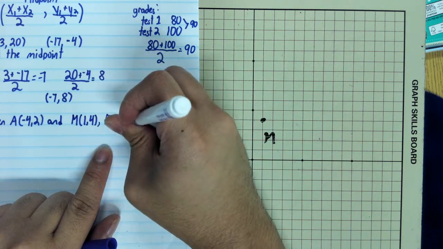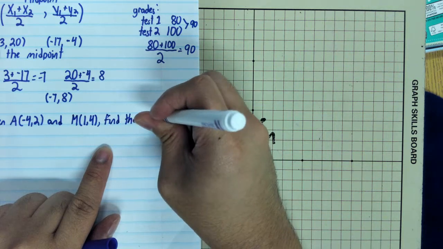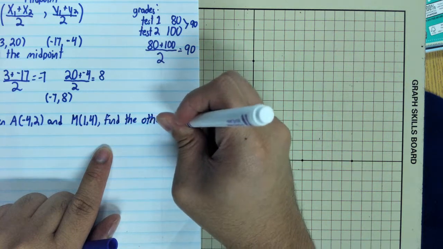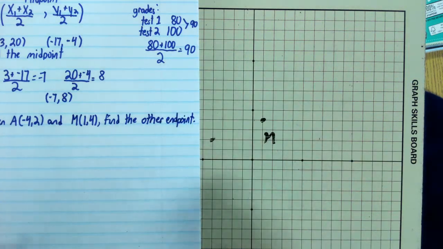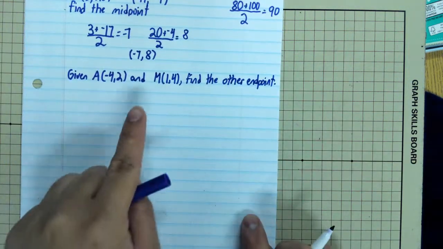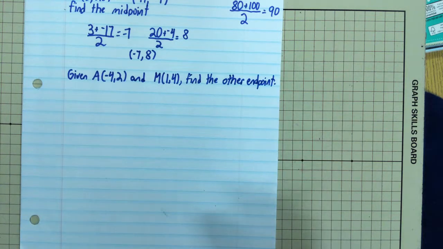Find the other endpoint. Okay. Given that A is at -4, 2 and M is at 1, 4, find the other endpoint.